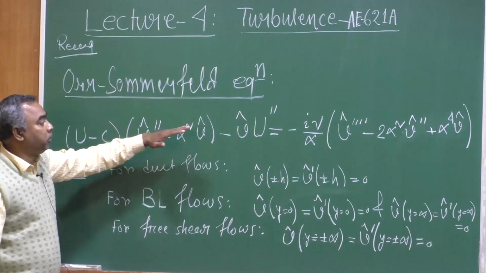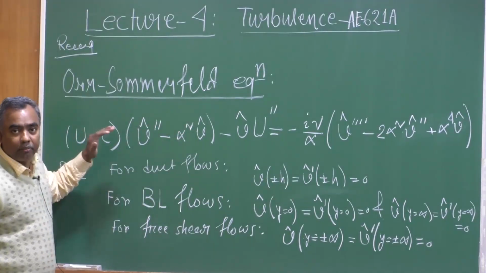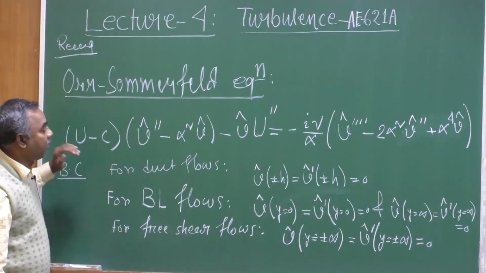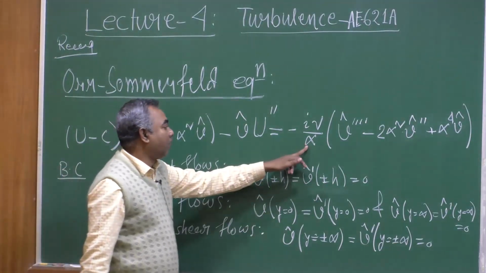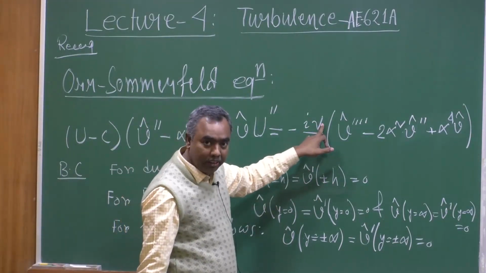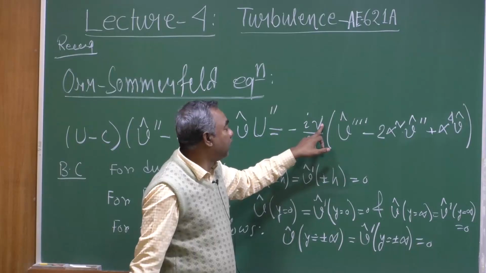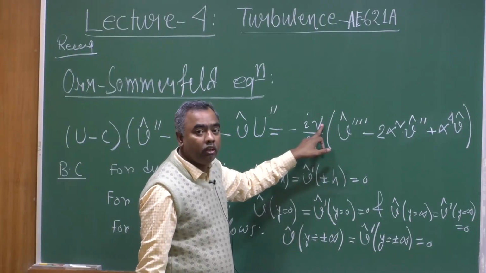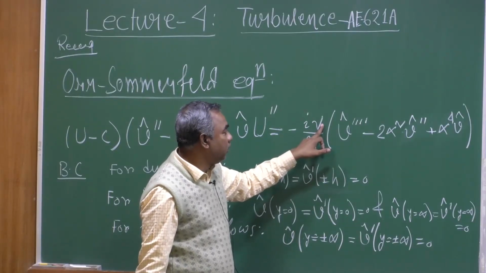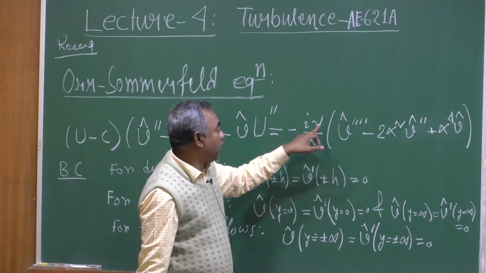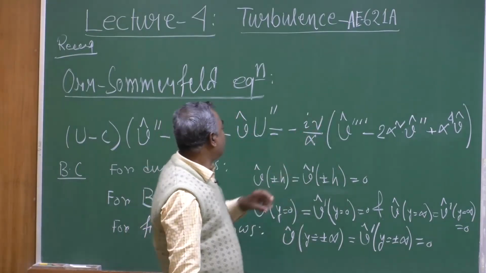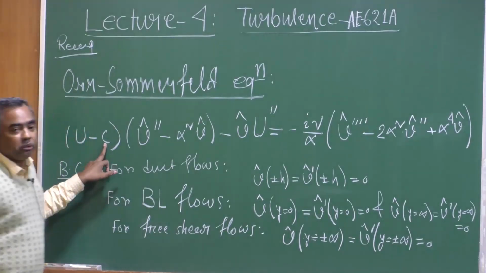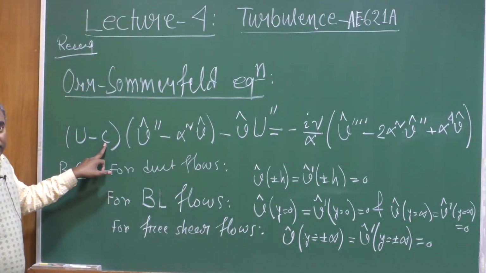So, this equation can be solved as an eigenvalue problem, and here there are 3 parameters. One is alpha, another is nu, or the Reynolds number, as we will see just now, that if we non-dimensionalize this equation, then we will end up getting the Reynolds number in place of nu, and another parameter is your C. So, there are 3 parameters in this equation.